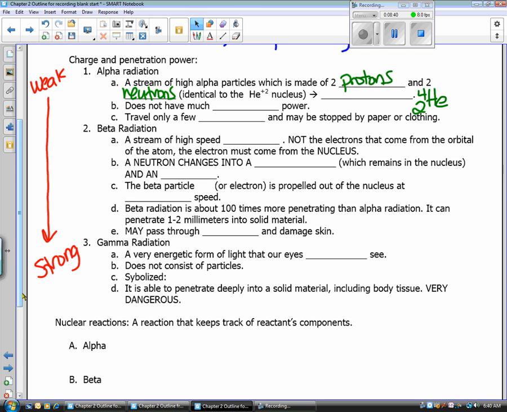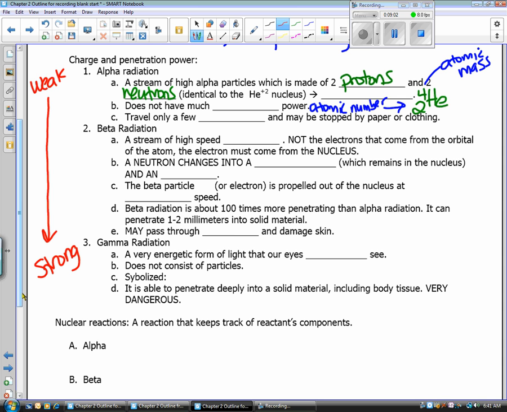Now remember, this is your atomic mass, and this is your atomic number. So it's saying it has a mass of 4 and 2 protons, so it has 2 neutrons also. That's why it's also known as a helium ion.